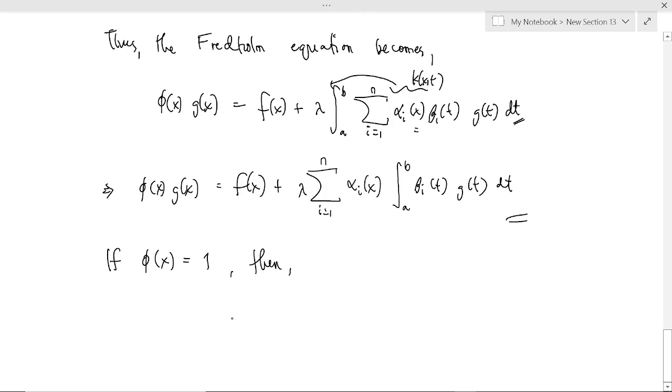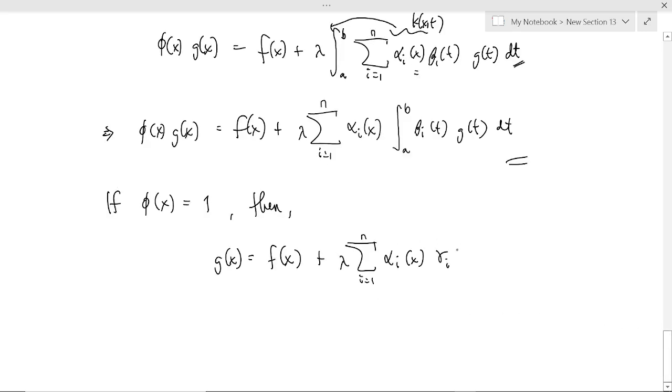So we have g of x is equal to f of x plus lambda times the summation of the alpha i as a function of x, from 1 to n, and this is multiplied to a certain parameter, a certain constant, which we call gamma i. So if we trace this, this is f of x, this is f of x, this is the summation, this is the summation, we have alpha, and this is alpha.